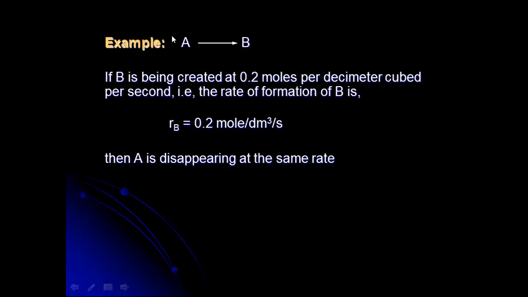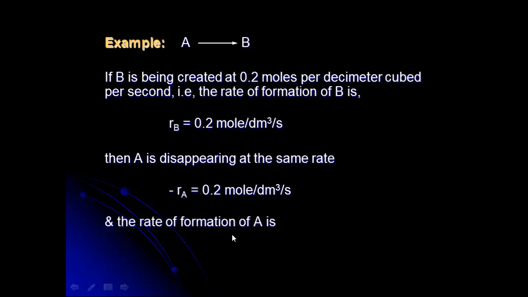In terms of stoichiometry, 1:1. You will be taught how this works. So in the same way, A is disappearing at the same rate. So negative R sub A is equal to 0.2 mole per decimeter cube per second. The same rates, but this one is formation, this one is disappearance. The same value because in terms of stoichiometry, it's just 1:1.